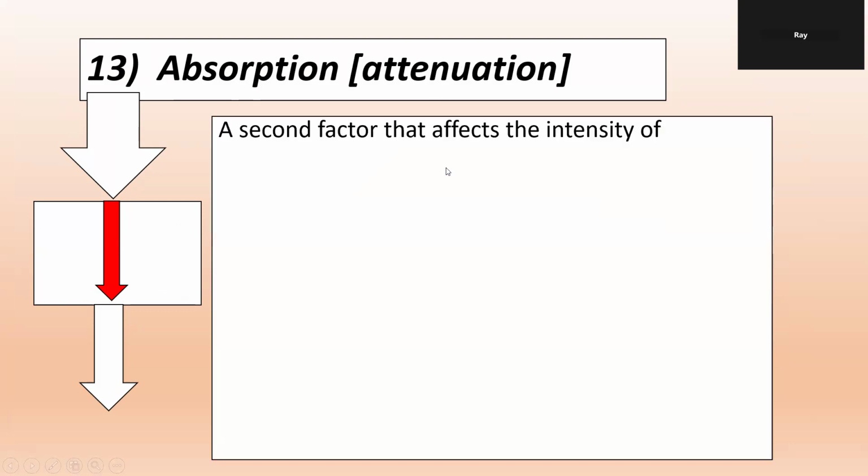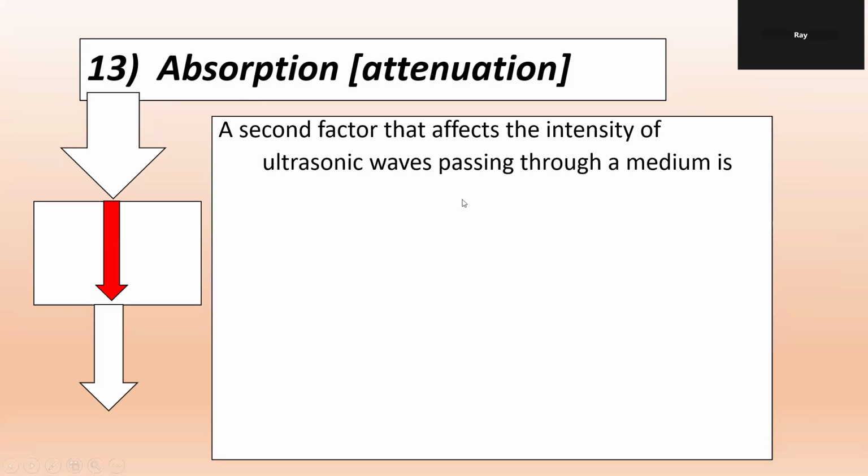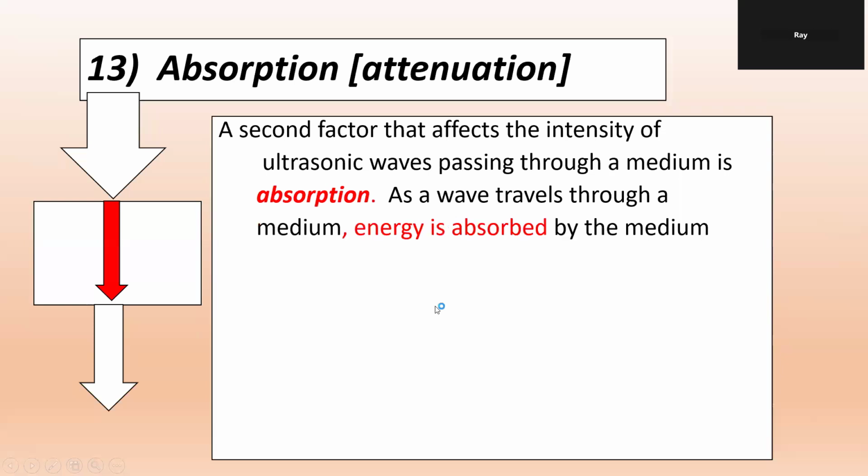A second factor that affects the intensity of ultrasound wave passing through a medium is absorption. As the wave travels through a medium, energy is absorbed by the medium. Right? That's the incident intensity. There's a transmitted intensity, and that is a medium. The medium will absorb the energy.